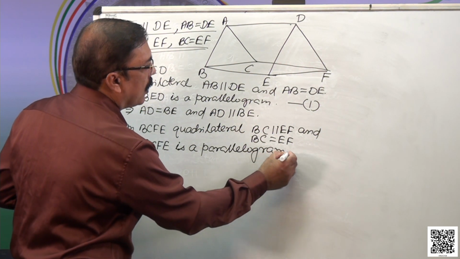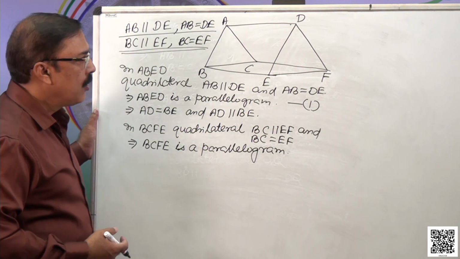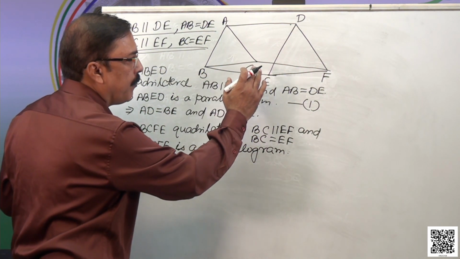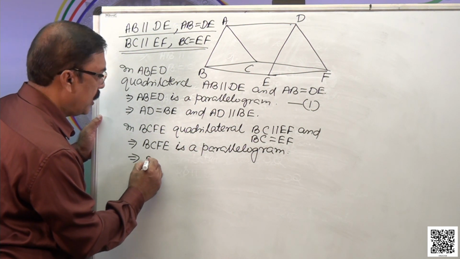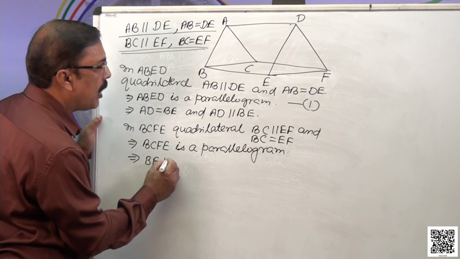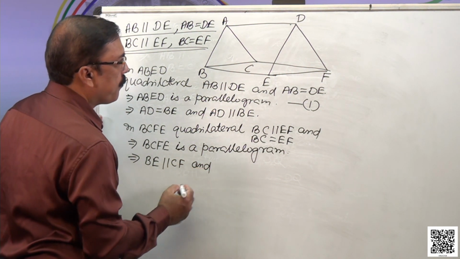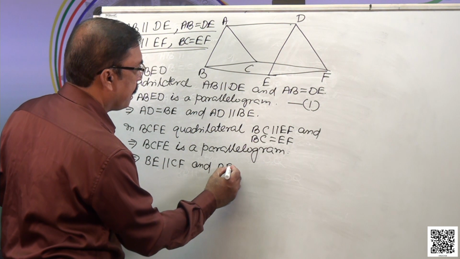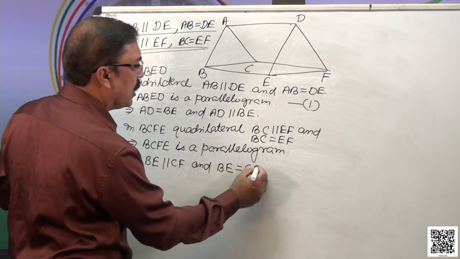As it is a parallelogram, the other pair of opposite sides are also parallel and equal. This implies BE is parallel to CF and BE is equal to CF.